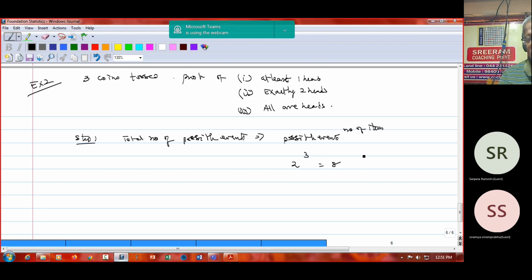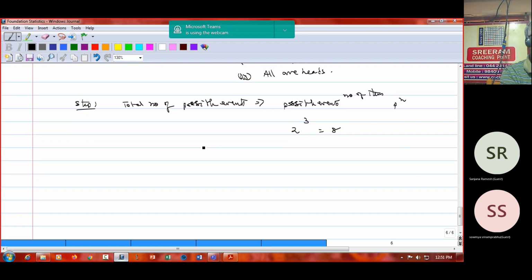Now, here the number of possibilities is 2 to the power n. In order to check, I want to take up a smaller sized problem and apply it. So, what are the combinations we can have? There is toss number 1, toss number 2, toss number 3.